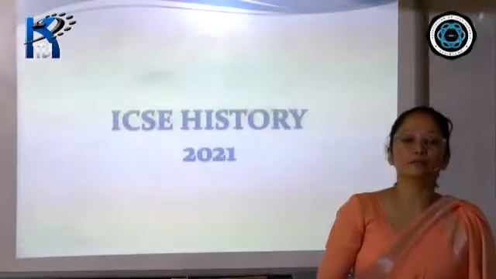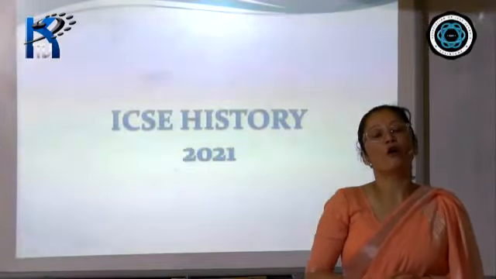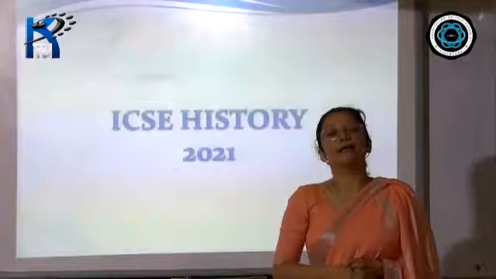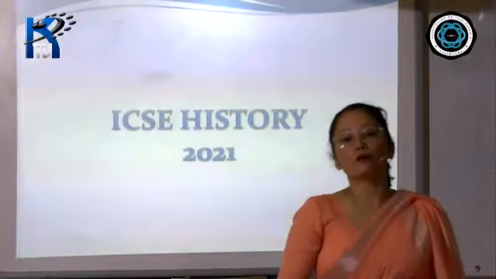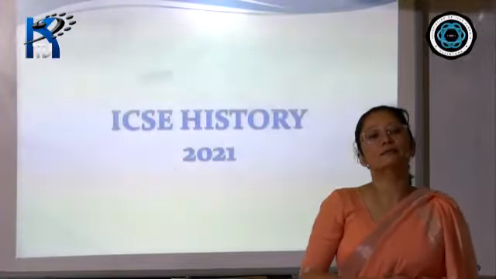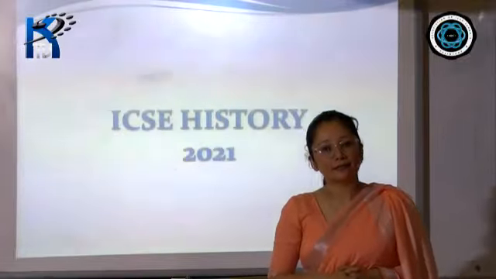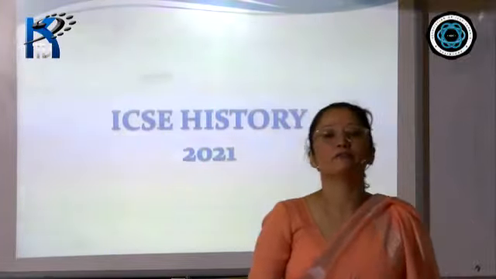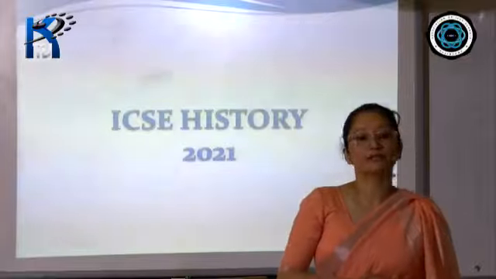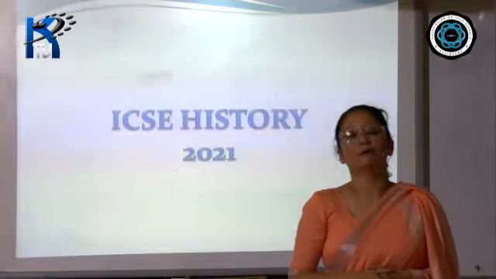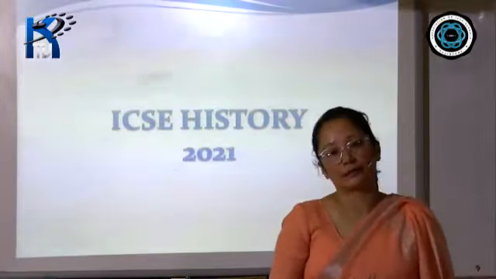Hello children, and welcome to ICSE History online video lectures. In my last lecture, I spoke about the formation of the Muslim League in 1906, where we looked at the factors which promoted the rise of communalism between the Hindus and the Muslims.